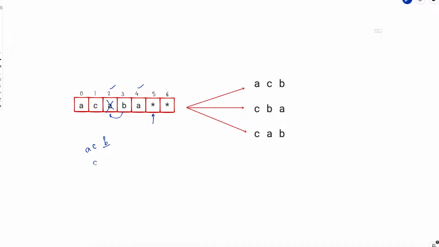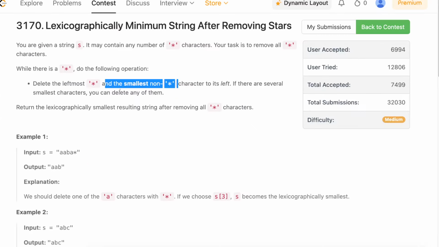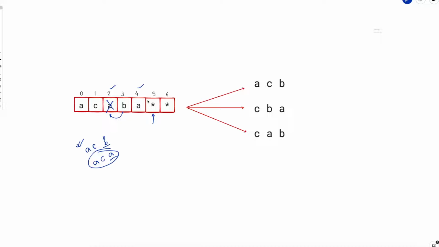Whereas if you had kept that a, the string would have a in that place, and this is surely lexicographically smaller because we are choosing the smallest non-star character. So again, if possible, we should not remove this a from here, because removing it will expose b, which will create a lexicographically larger string.